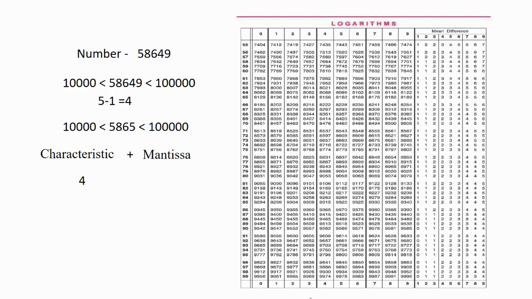Now I observe 58 row, under which column? Sixth column, and along the same row I add the mean difference of 5 to that, so my mantissa value will become 0.7683. So the log value will become 4.7683.